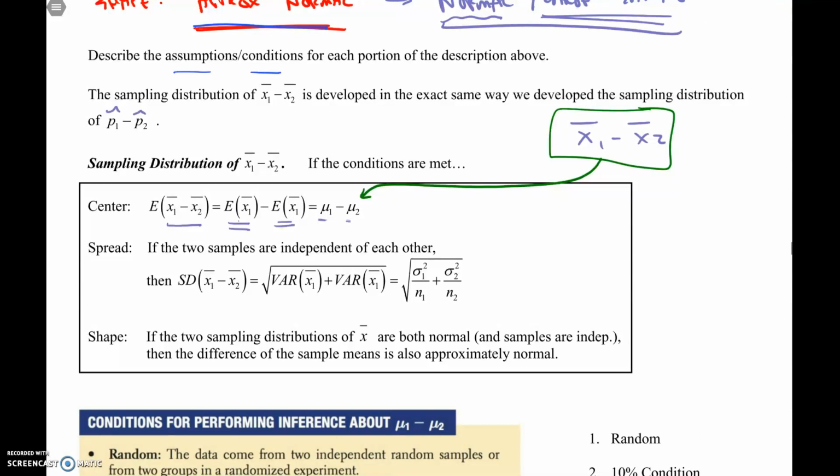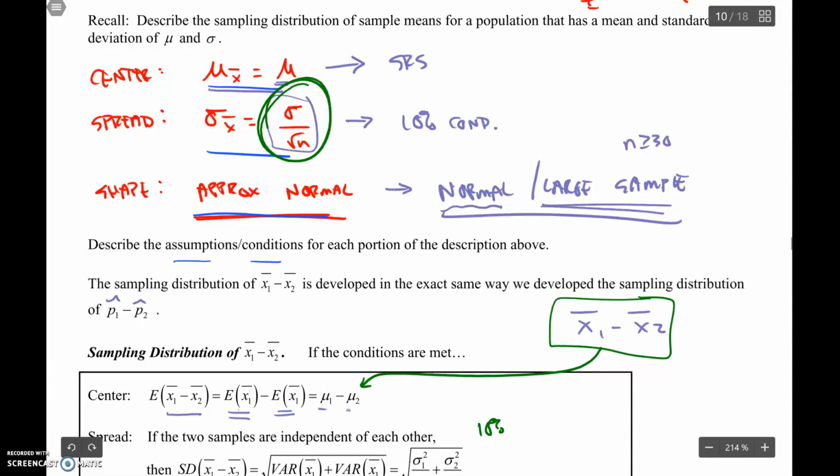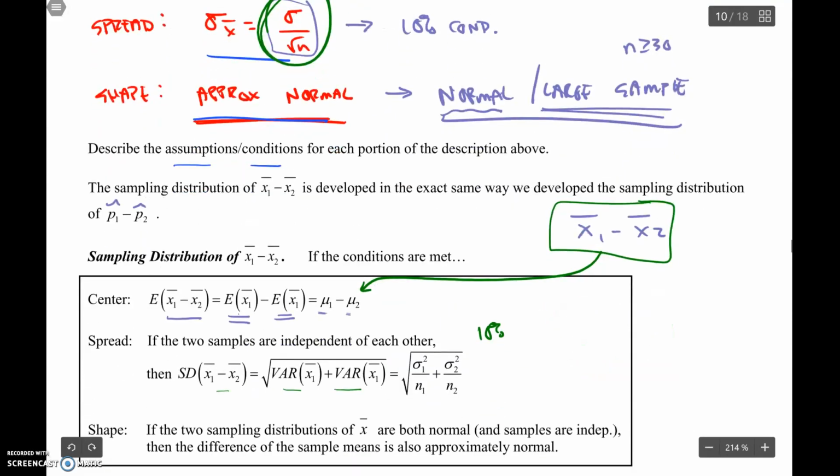That's just common sense. Spread, if the two samples are independent, and if we pass the 10% condition, then the standard deviation of the difference in your sample means is just going to be the variances added together, then take the square root. Again, combining random variables. So if we take this standard deviation formula and square it, we get sigma squared over n.